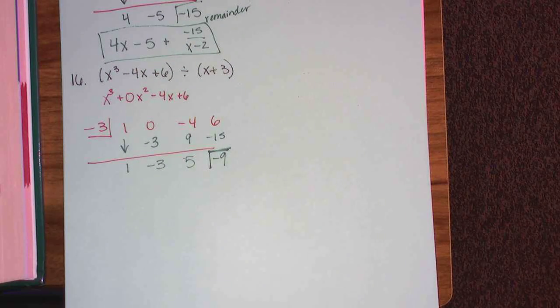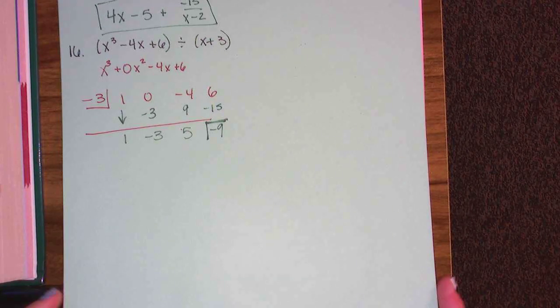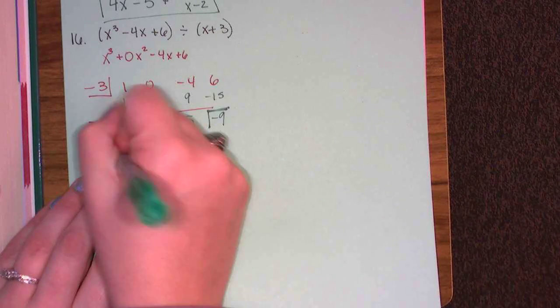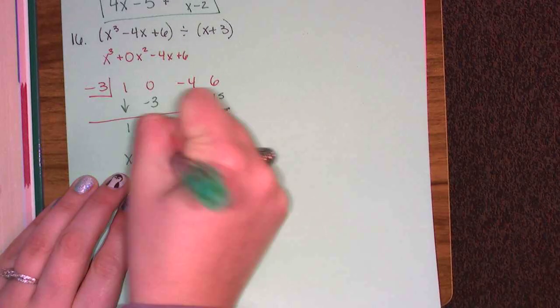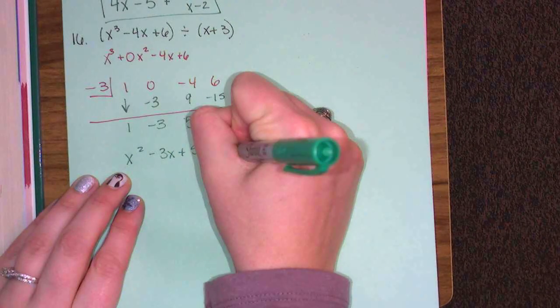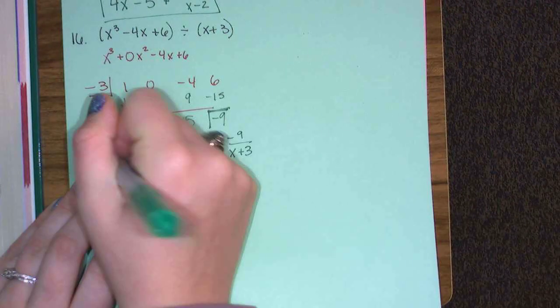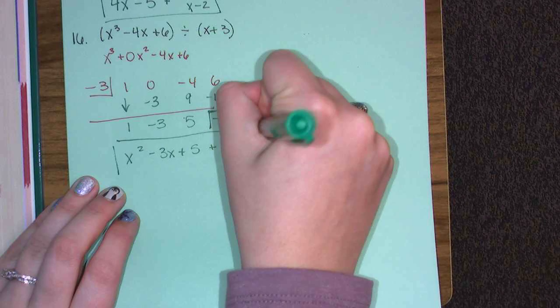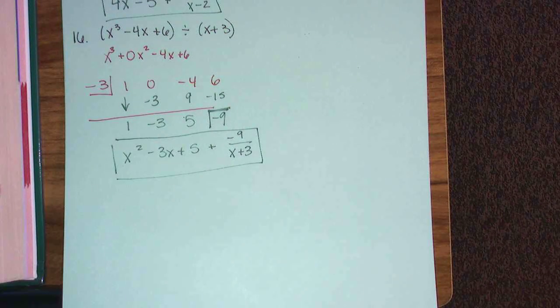So then how do I write my final answer? Awesome. So yes, you guys remember to change the x power to be 1 less than it started with, and we got the remainder written correctly.